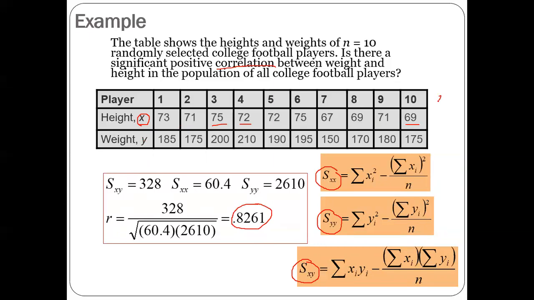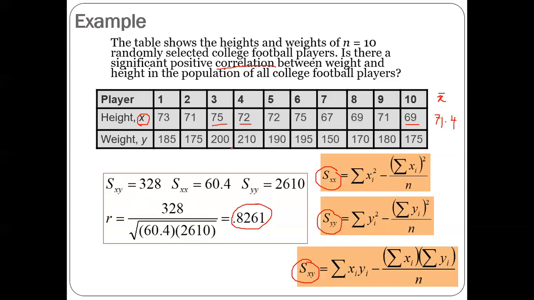So you will get the average mean for H or X bar is equal to 71.4.